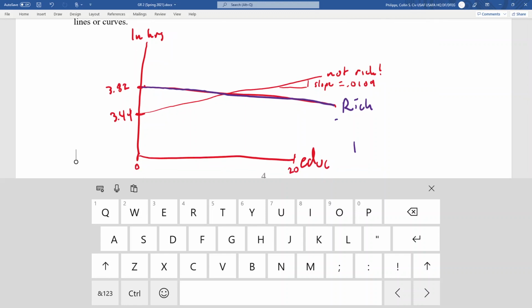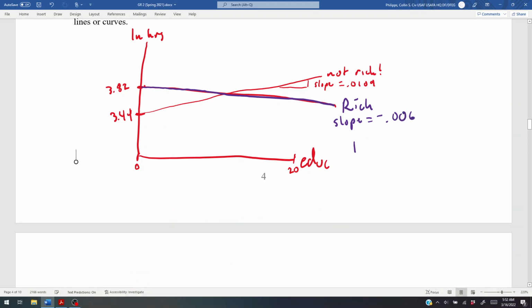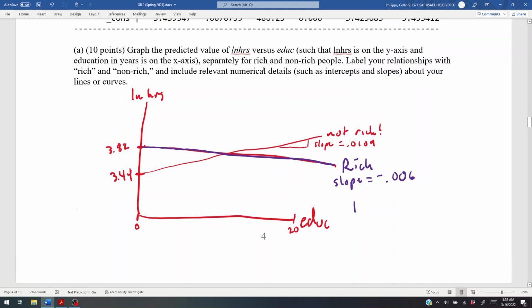Slope negative 0.006. What else do I need? Separately for rich and non-rich people. Okay, I got 2 lines.